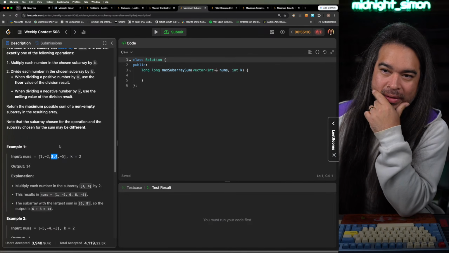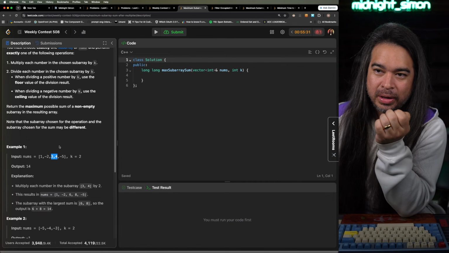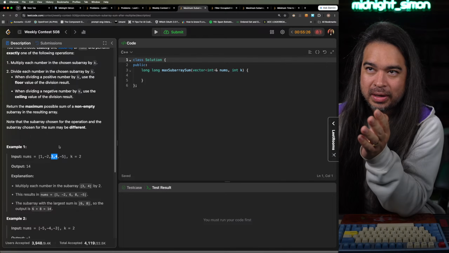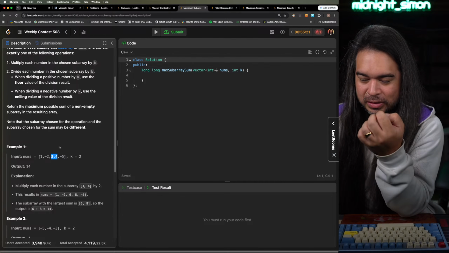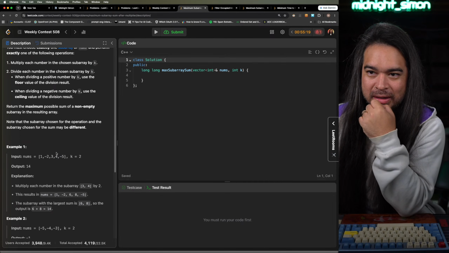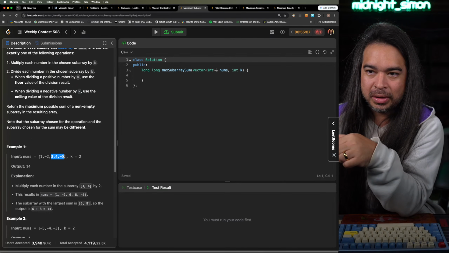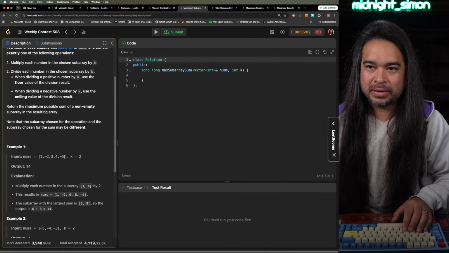Anytime I think sliding window, I try to think, in what circumstances do I grow the window, and when do I know when to shrink the window? Sometimes it's not so obvious. Here, we get 14 and we grow it one more time, and now we're at 4, so we go down. But that doesn't mean we should shrink the window, because what if the next number was like 1,000? You know?